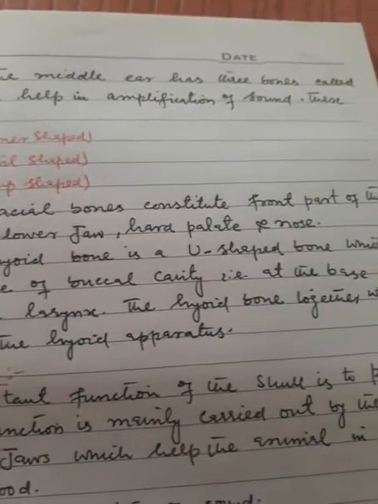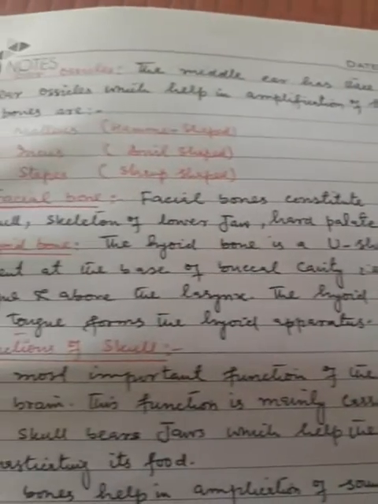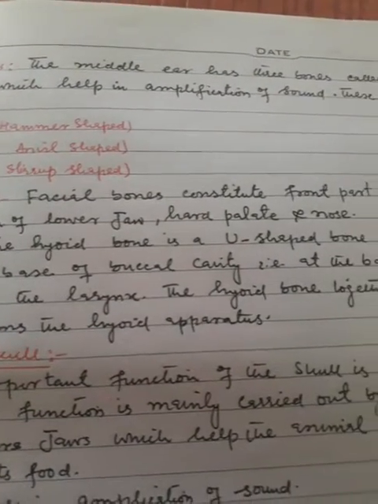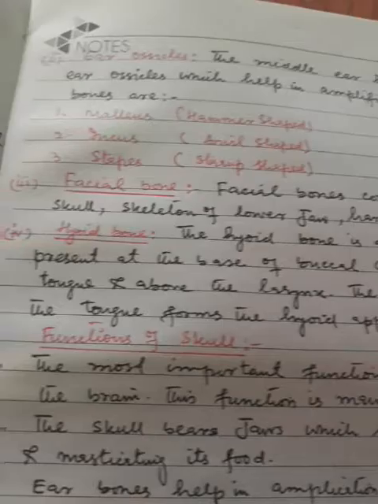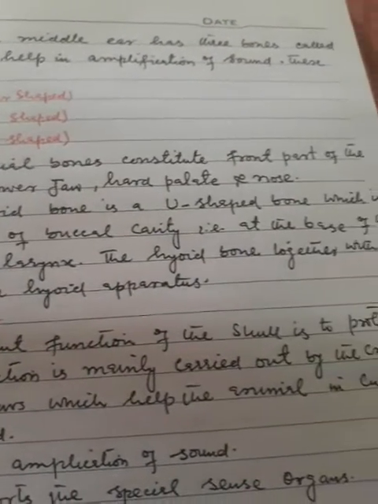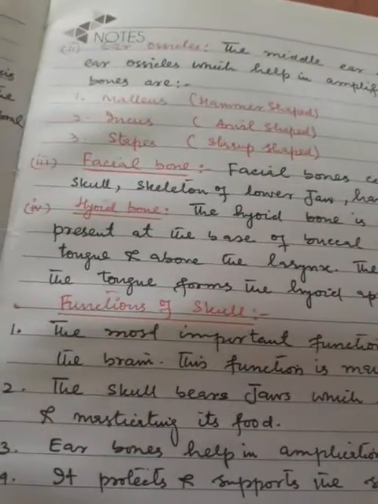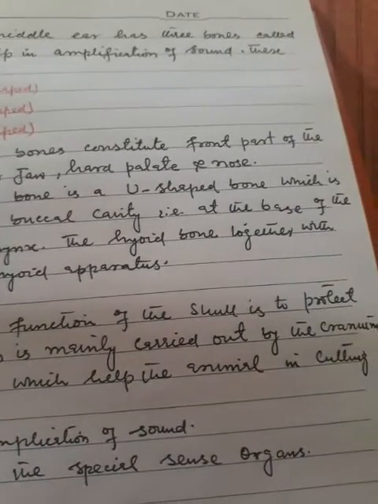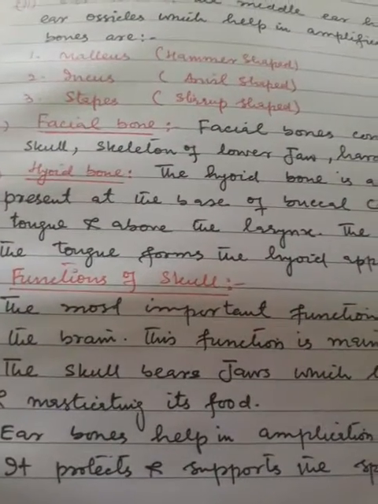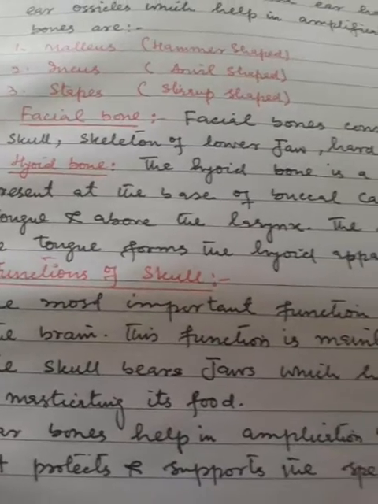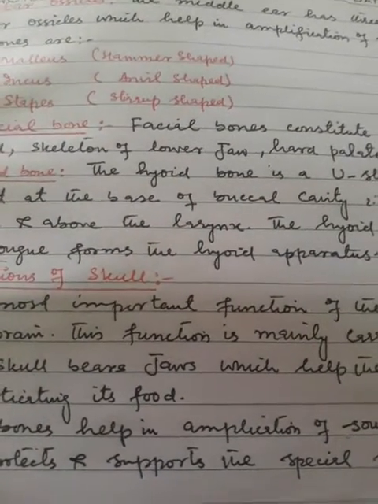Facial bones constitute the front part of the skull, skeleton of lower jaw, hard palate, and nose. Number 4, hyoid bone. The hyoid bone is a U-shaped bone present at the base of the buccal cavity, that is, at the base of the tongue and above the larynx. The hyoid bone together with the tongue forms the hyoid apparatus.